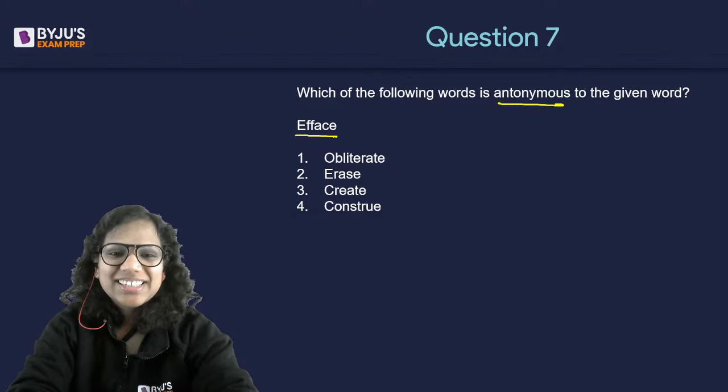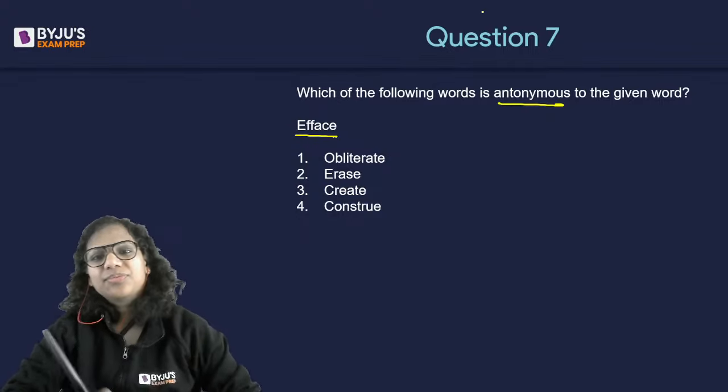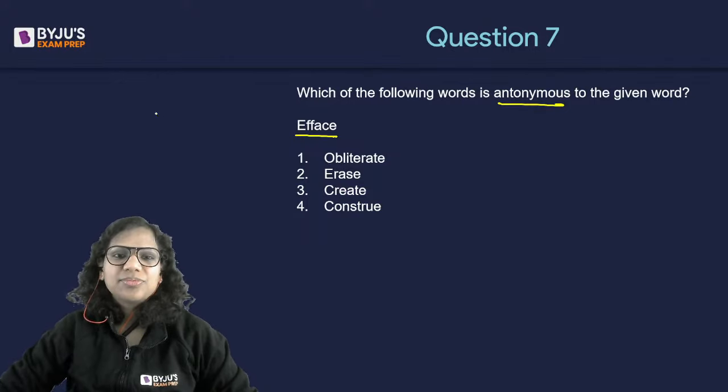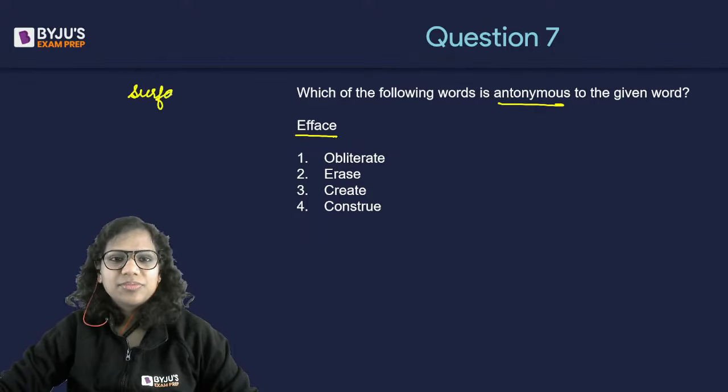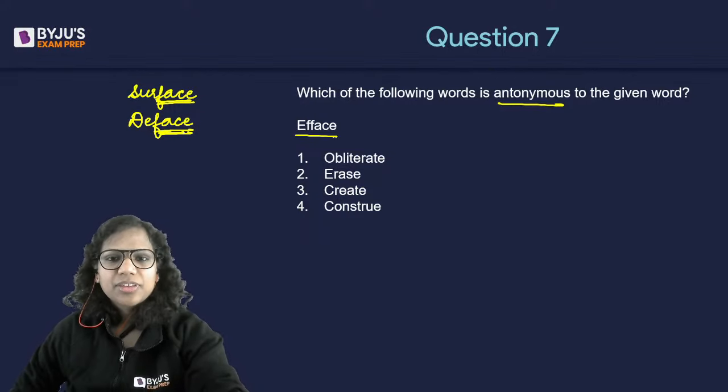The word has face in it. What do you say? Prajwal has said D, I believe. Others. Sai says 2. Okay. You have to give me an antonymous word.